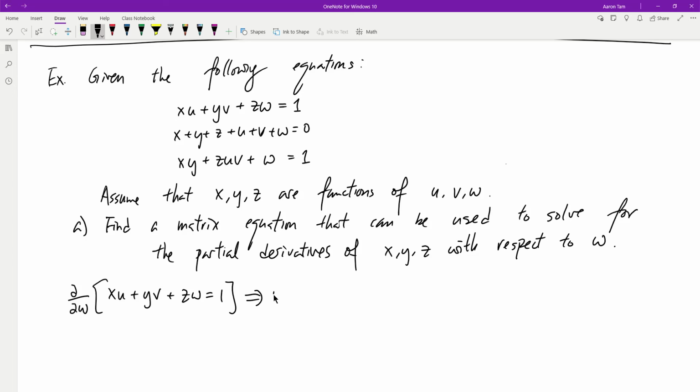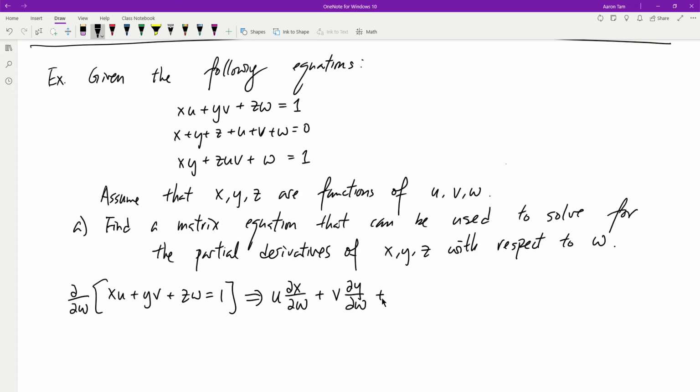So it becomes u dx over dw plus yv. When I take the derivative of that, the same thing happens. v is another independent variable, therefore considered to be a constant. So we're basically differentiating y with respect to w, so it becomes v dy over dw. Plus, now this one is tricky, zw, because z is a function of w, and so is w itself.